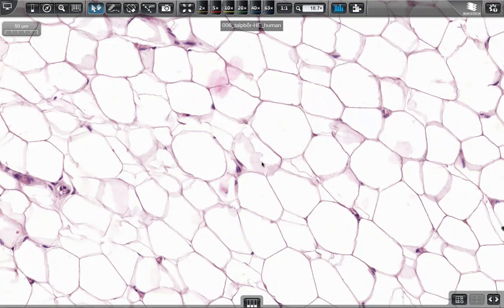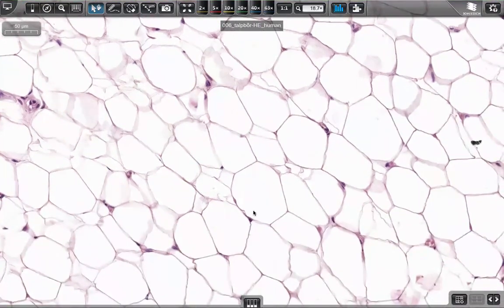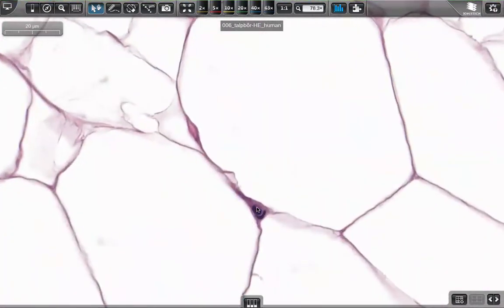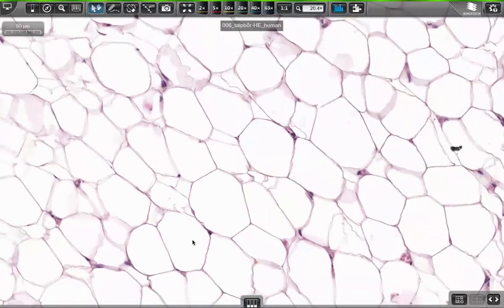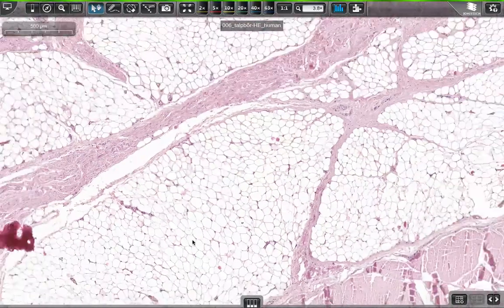And somewhere we can see the nuclei of the cells. So here we have the nucleus of the adipocyte, and there is a thin rim of cytoplasm pushed toward the cell membrane. This is the place for the fat, but it's dissolved because of the ethanol of the preparation.